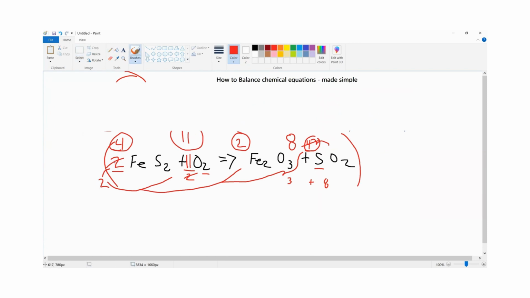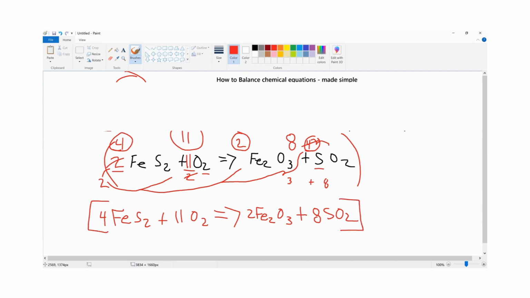Two. We have 4 FeS2 plus 11 O2 equal to 2 Fe2O3 plus 8 SO2. This is your final answer.